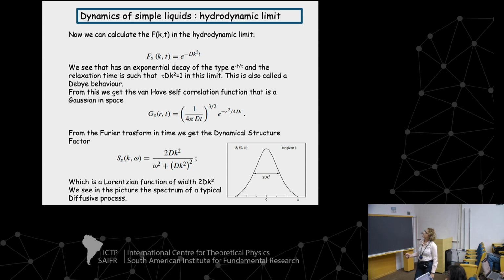From this, we get the van Hove self-correlation function that is equal to this, a Gaussian in space, okay? So the van Hove is a Gaussian also. And so we have an exponential for the F_s, a Gaussian for the van Hove with these values, and the Fourier transform in time of the F_s is the self dynamical structure factor, which is this one.